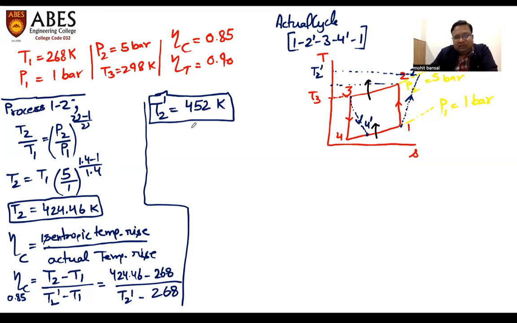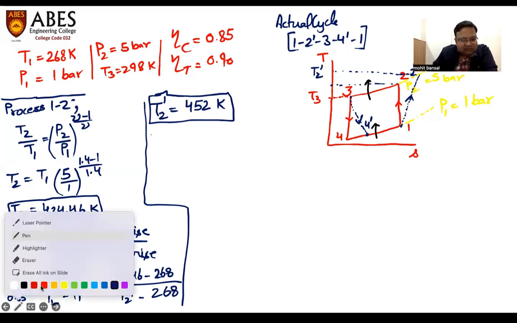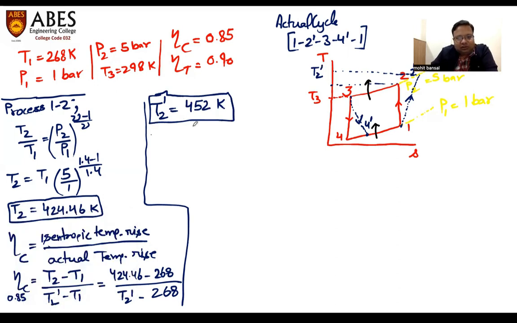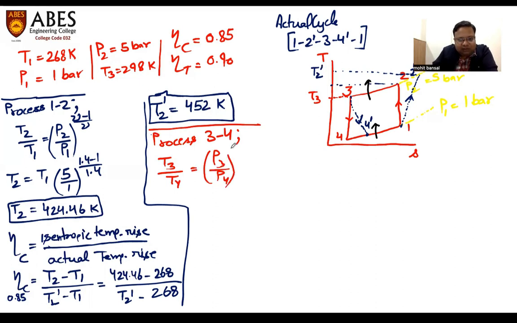So now we have to find out the exit temperature of the expander. Likewise, as in the process 1 to 2, we will now start with the process 3 to 4 and use the thermodynamic relation for the same. T3 by T4 is equal to P3 by P4 raised to power gamma minus 1 by gamma.